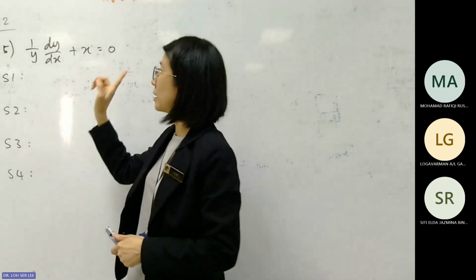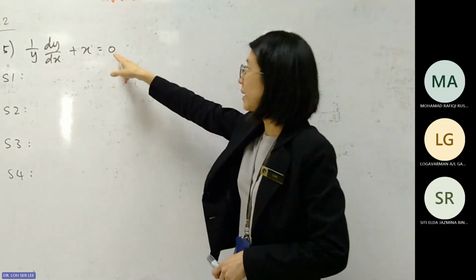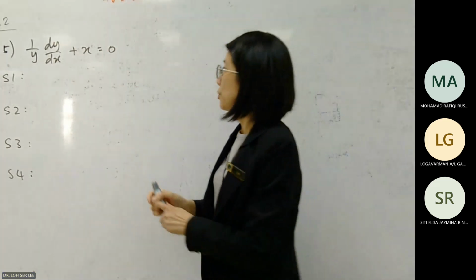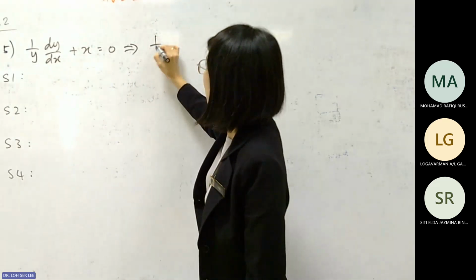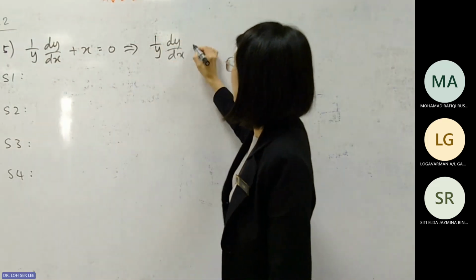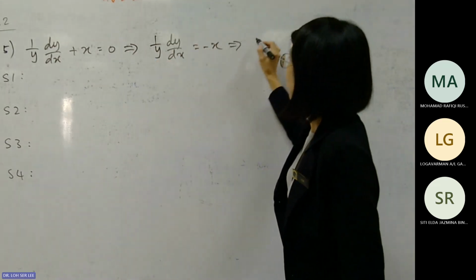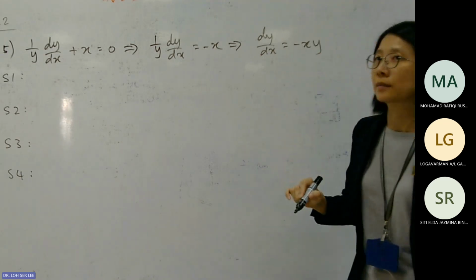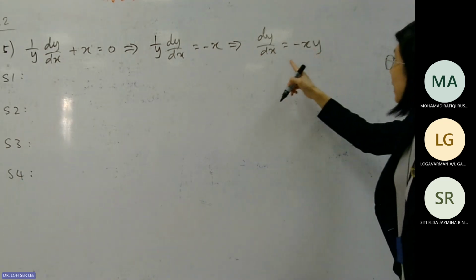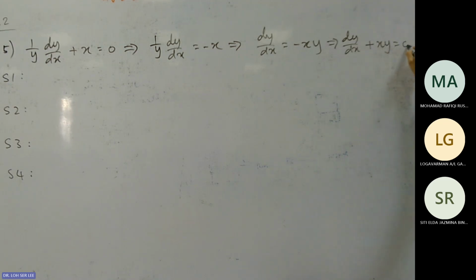Okay, but you can only see after you rearrange this because the right hand side is 0. When you rearrange this, 1 over y dy/dx equals negative x. Bring up the y, dy/dx equals negative xy. Bring this back, dy/dx plus xy equals 0. So this is linear.